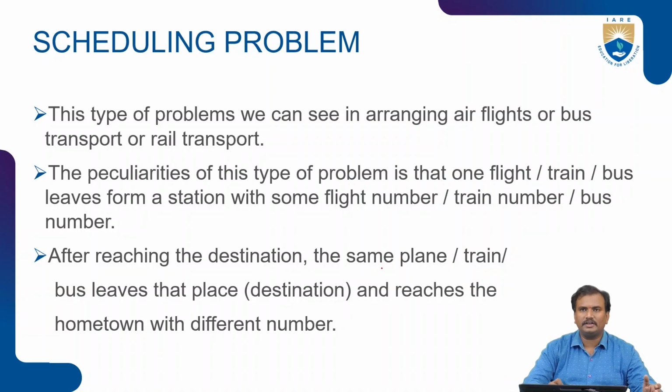After reaching the destination, the same plane or train or bus leaves that place and reaches the hometown, and whenever it is coming back, the bus number or flight number is a different number.